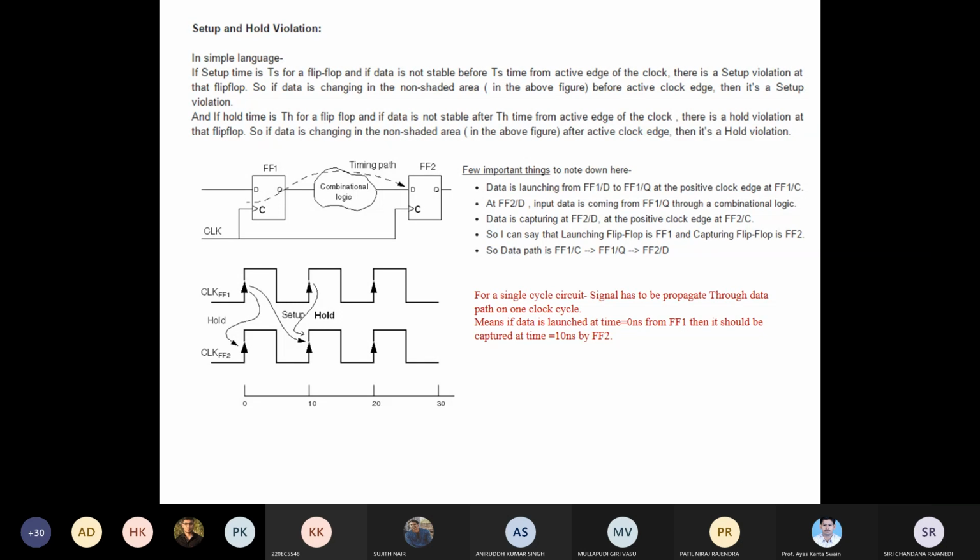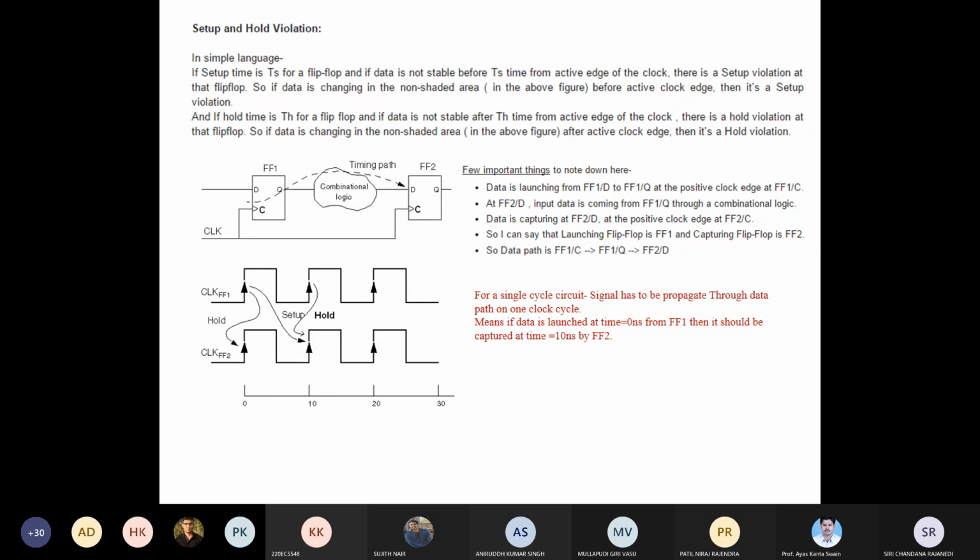First it will be flip-flop one, then the combinational design, then flip-flop two. We have to check in both flip-flops, when the data is traveling from input towards the output within a synchronous design, whether the timing is correct or not, whether violation is happening or not.